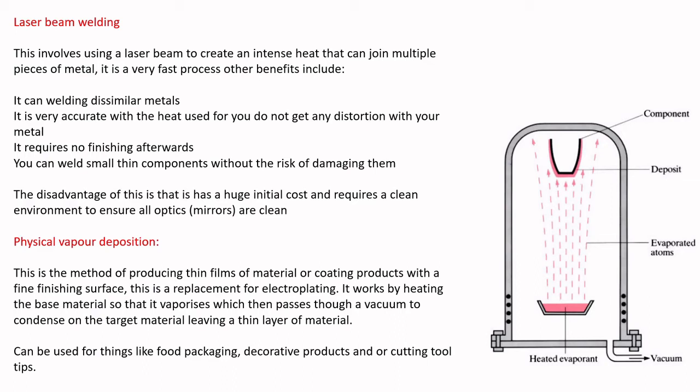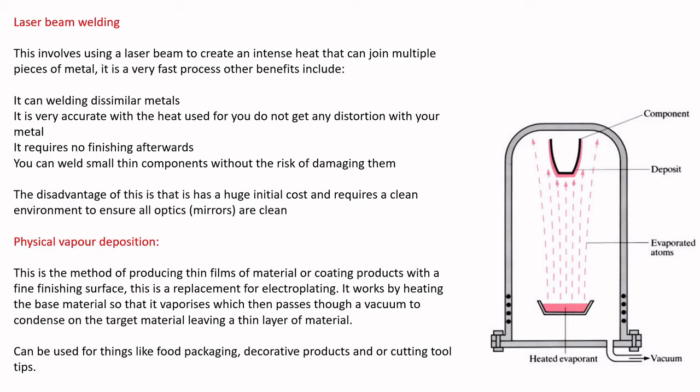You can't do dissimilar. It's also very, very accurate, and the heat that you use stays very focused on that one particular area, so it's not going to distort or warp or twist the metal around it. Because it's so accurate, you don't require any finishing to it, and it will let you do very, very thin components. As I say, you're not going to distort an area of it. It's such a focused point.